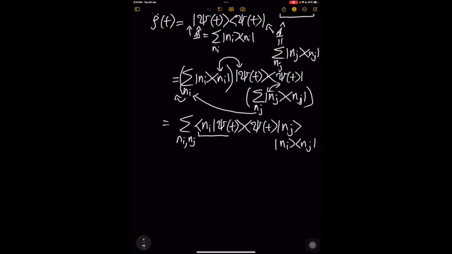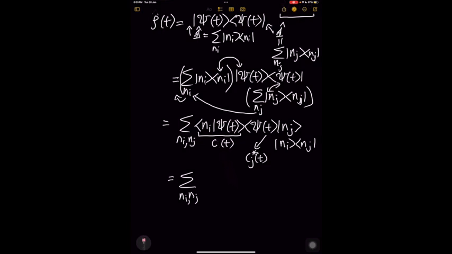So what is this? The first term is just the projection of psi of t on n sub i. So I will call this c n sub i of t. And then this is just the projection of psi of t on n sub j, but the complex conjugate of that. So it's sum over n sub i, n sub j.